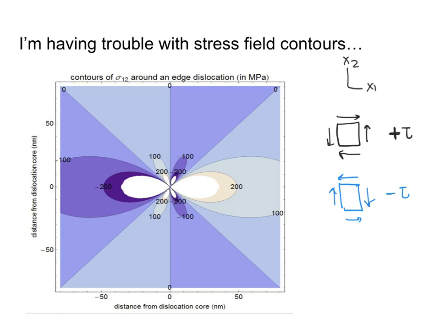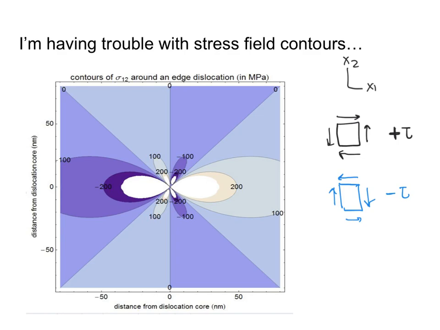Okay, so let's look closer at the shear stress. I have again drawn my coordinate system here because it's important that we agree on that. And I've drawn these little reference volumes here. When the shear stress is positive, a little volume element sitting away from the dislocation would feel this configuration of shear stresses, and when the shear stress is negative, a little volume element would feel these opposite shear stresses.